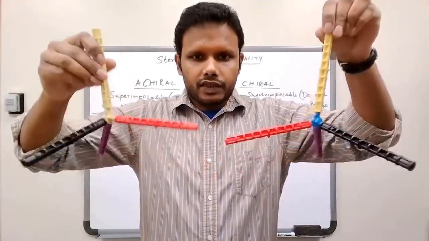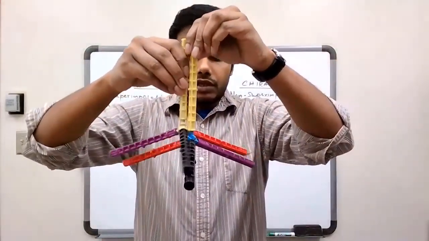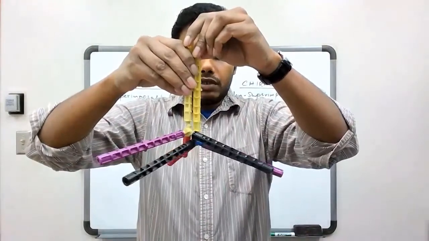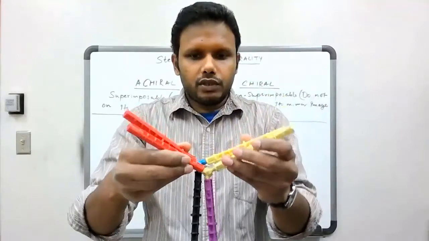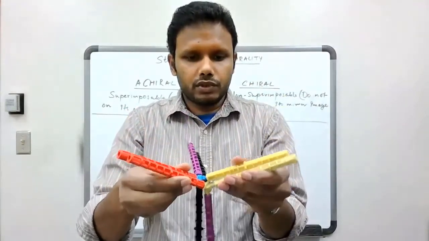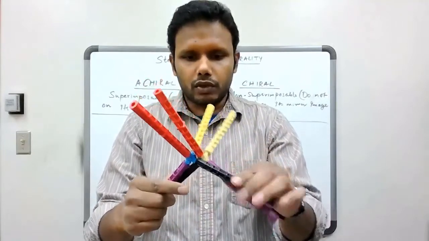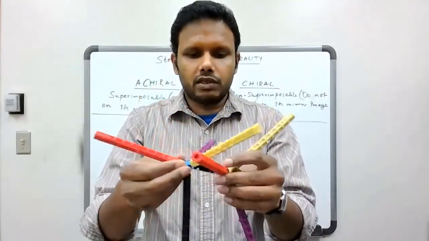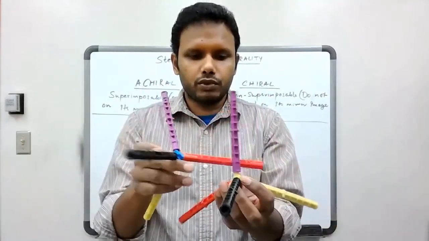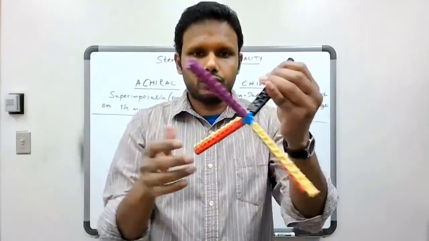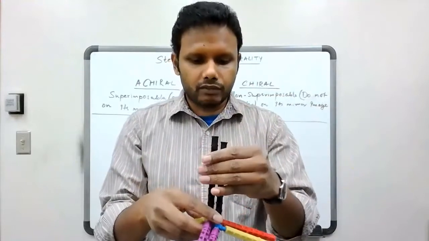And if I take the mirror image and bring it closer to this object, and then I try to rotate, I can move things around, what you notice is two of the groups would superimpose. Okay, the yellow and the red superimpose, but the black and the purple do not. Now you can turn these things around as much as you want. You can always get two groups to superimpose. So I can get the black and the purple to superimpose, but the yellow and the red would not match. They would not overlap with each other.